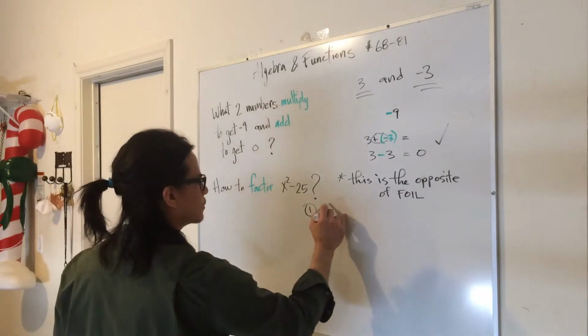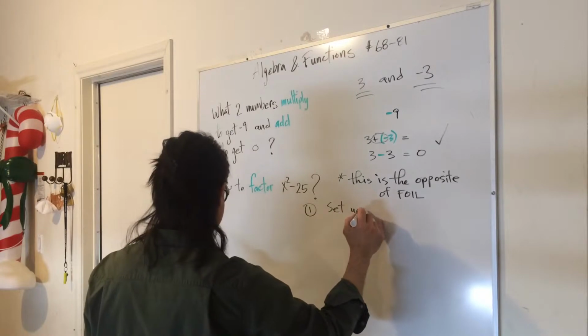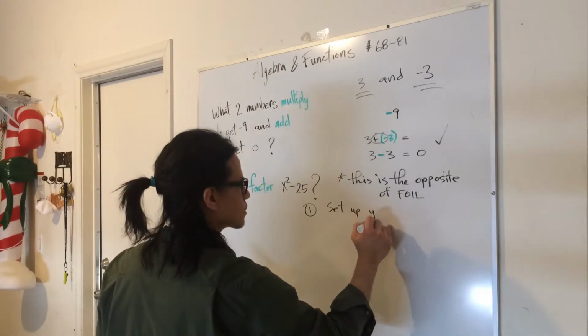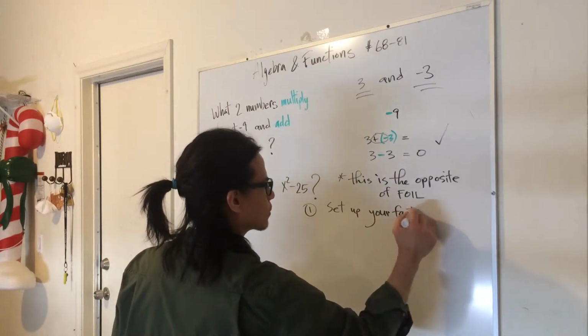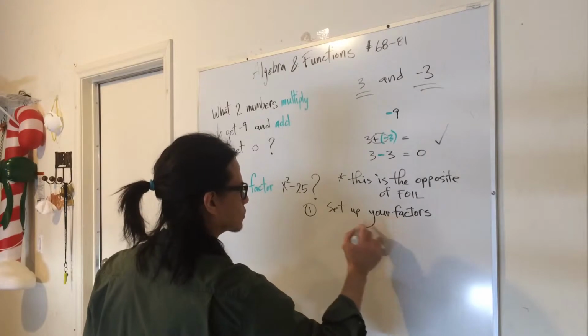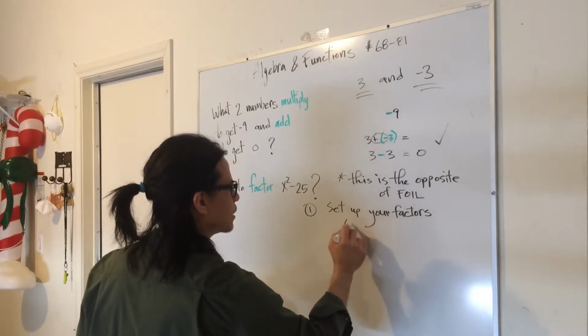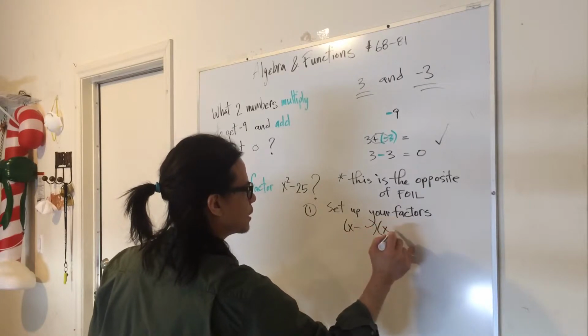Step 1, set up your factors, meaning what we're going to have is x minus something and x plus something.